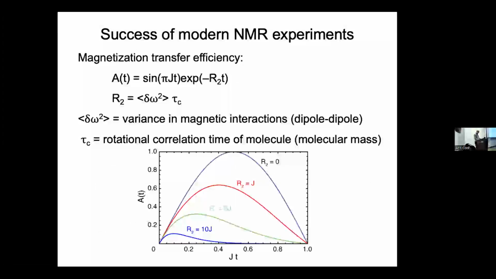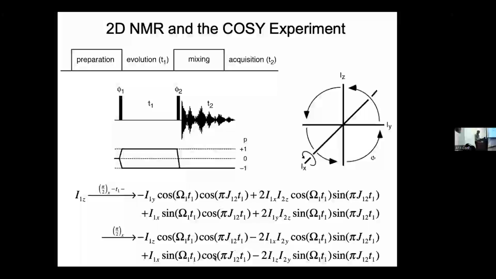And if we go back up here, we can see here, this operator has a frequency omega 1 during T2, and it had a frequency omega 1 during T1.